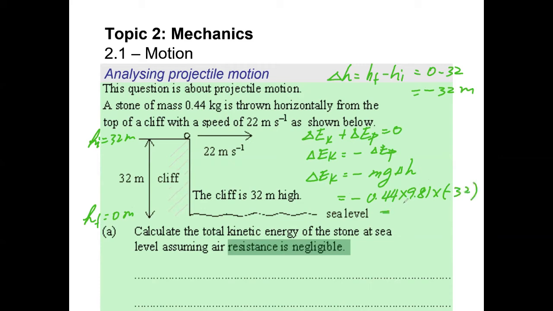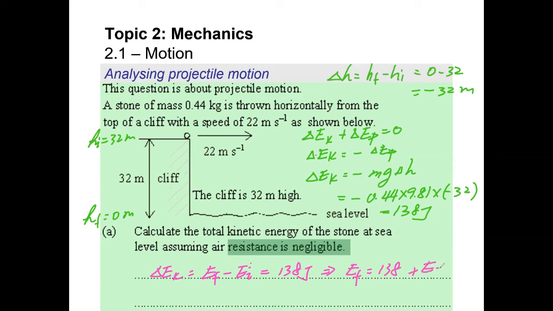That gives us minus 138 joules for the change in potential energy. Change in kinetic energy equals final kinetic energy minus initial kinetic energy, which equals 138 joules.